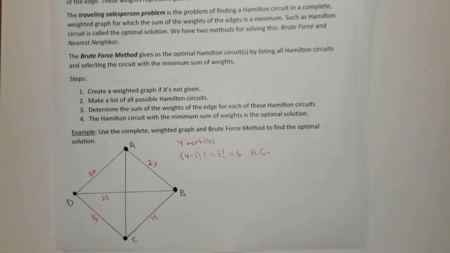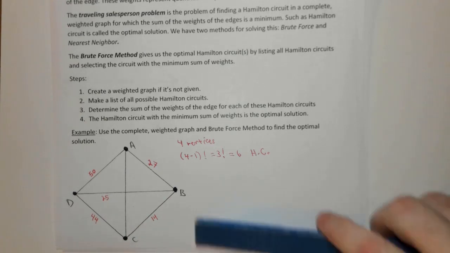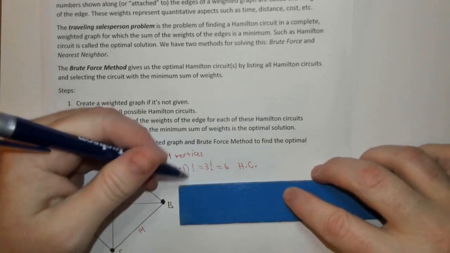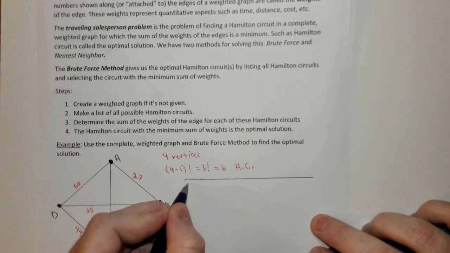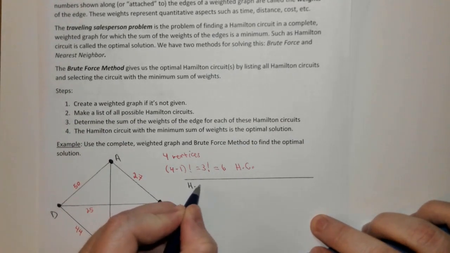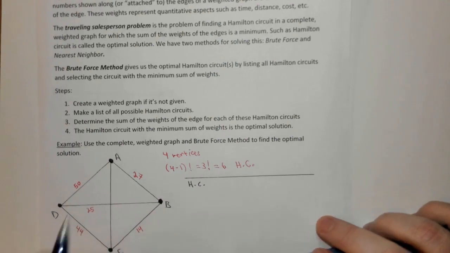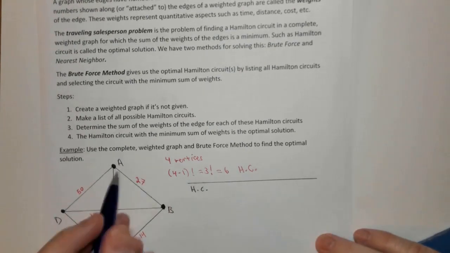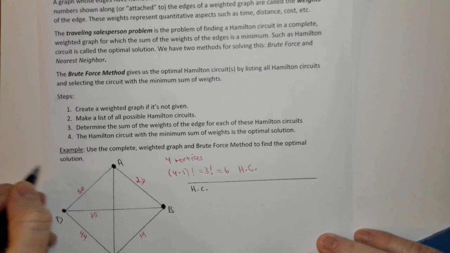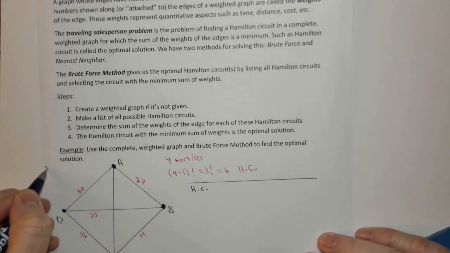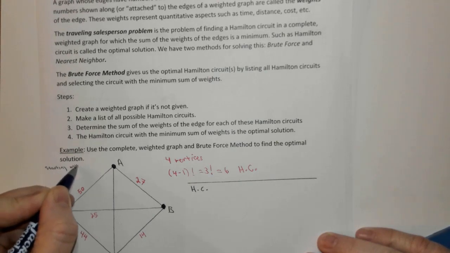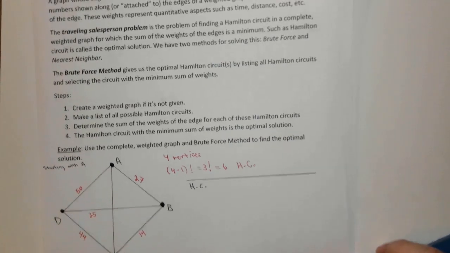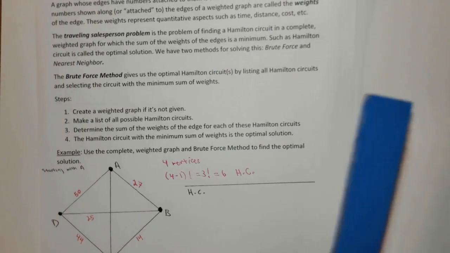So here's going to be my Hamilton circuits. We're going to say starting with A. They usually tell you where to start, so I should have included that.